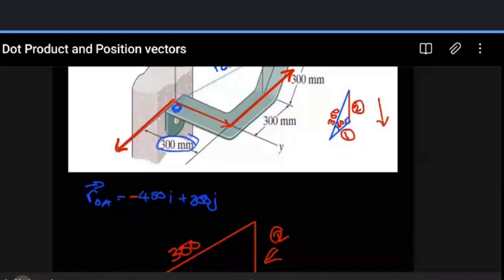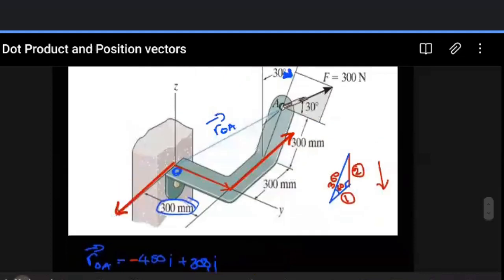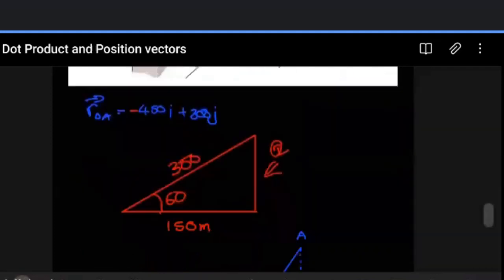Now we go to the z component. For the z component, we have to go up from this point, going vertically upwards. This piece is the vertical side of this triangle, which is this side. To find it, of course, we're going to use sine because they are opposite. It's going to be 300 times sine 60.